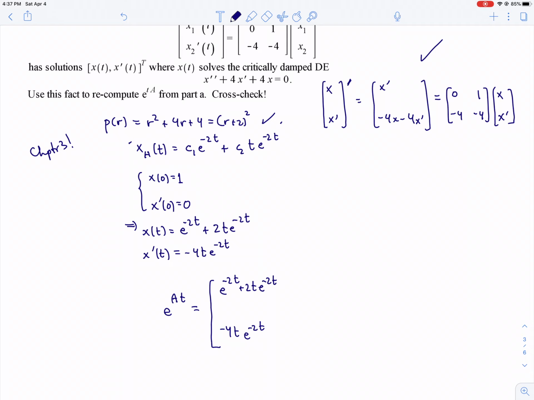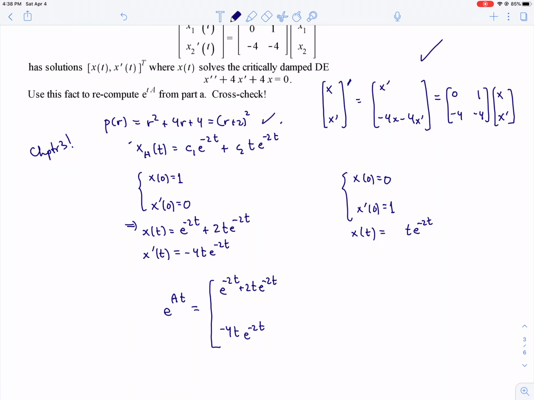To get the second column, I'll solve the initial value problem where x of 0 is 0 and x prime of 0 is 1. So in that case, I don't want any pure exponentials. I'll want a multiple of t e to the minus 2t. And when I take the derivative of that and set t equals 0, I'll get 1, right?